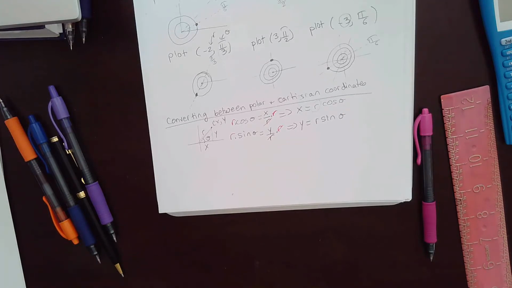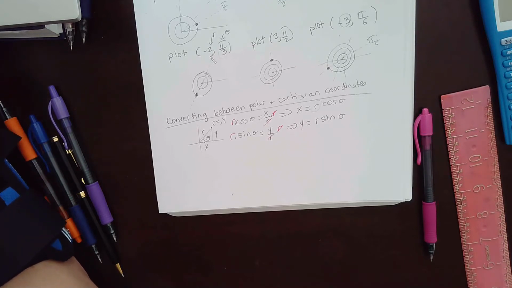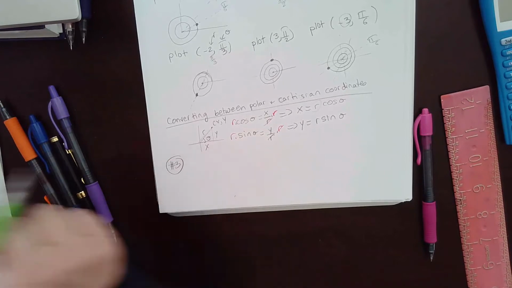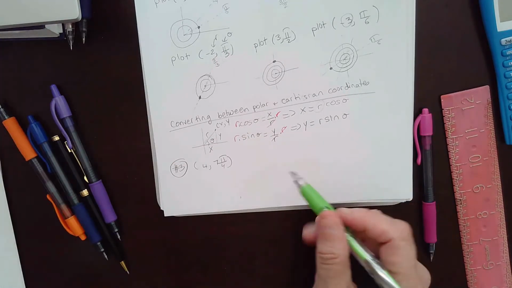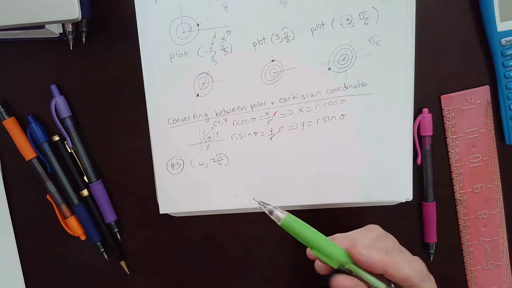So let's use an example. We can go ahead and do number 3 from the book. The question is: convert the given polar coordinates to Cartesian coordinates.